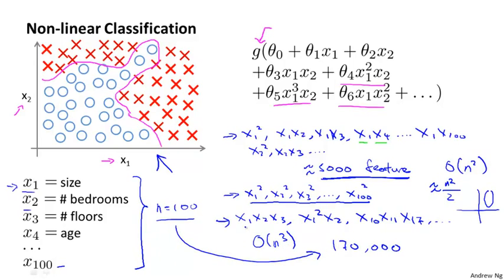And so including these higher order polynomial features when your original feature set n is large, this really dramatically blows up your feature space, and this doesn't seem like a good way to come up with additional features with which to build nonlinear classifiers when n is large.